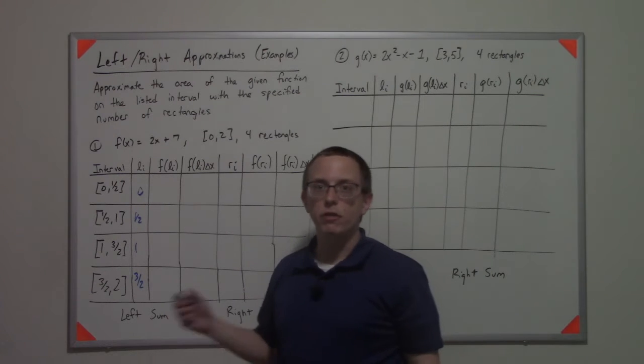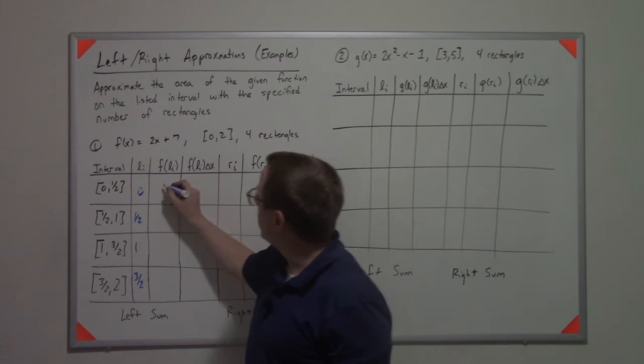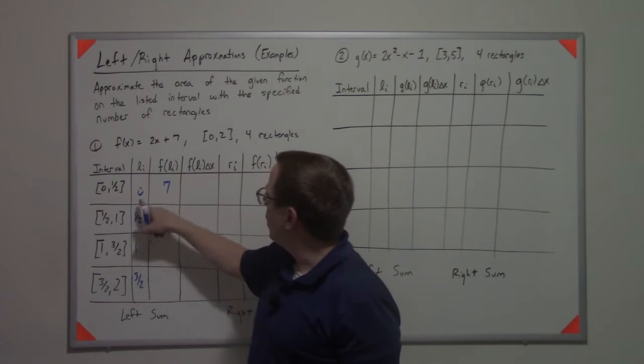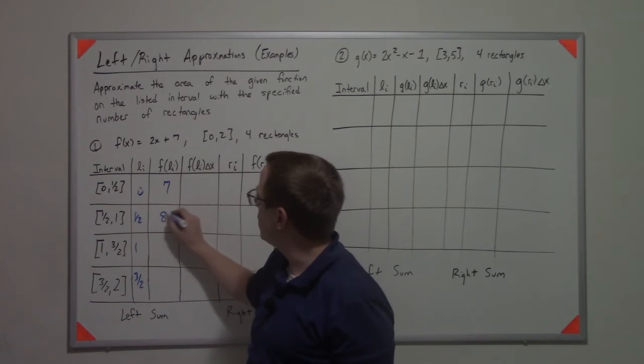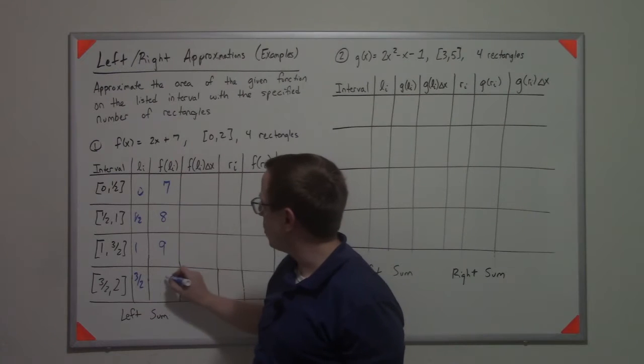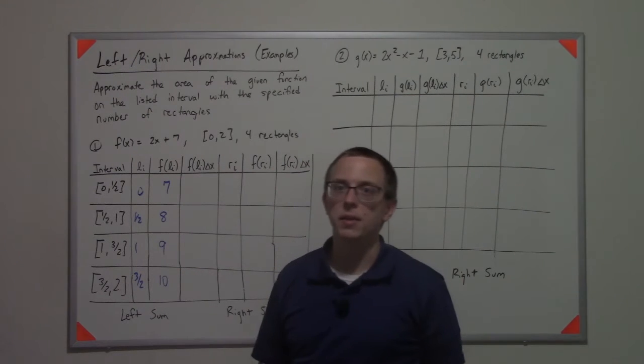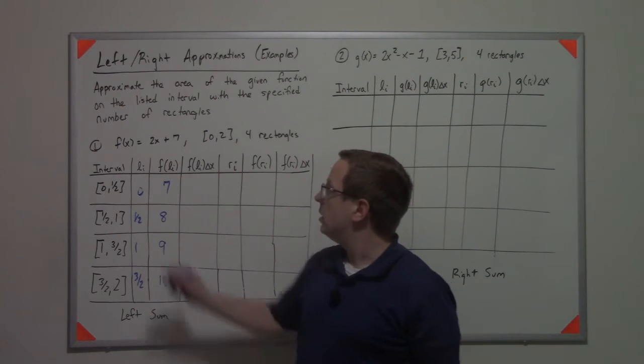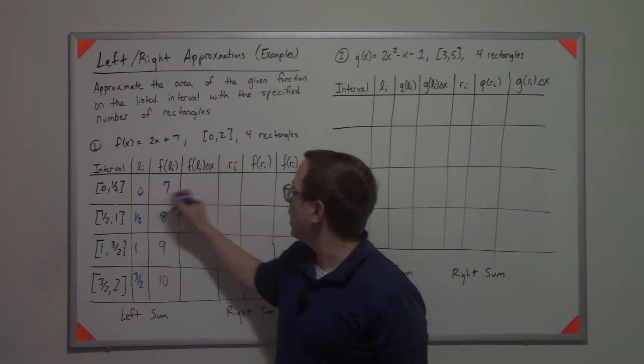And now we evaluate the function. At 0, that's 7. When x is 1/2, that's 8. When x is 1, that's 9. When x is 3/2, that's 10. Now again, the width of this interval is 1/2, so each time we multiply by that width.